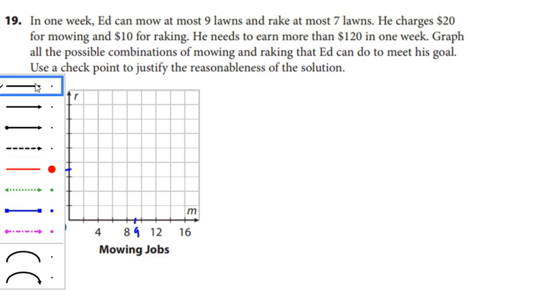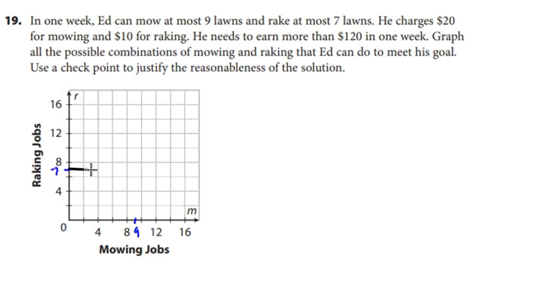And at most, that means that's the most he can do. So I'll make this one here at 7, and this one vertical here at 9. So we are going, at most, has to be less than. So we have that direction here from the mowing line, and this direction here from the raking line. And then he needs to earn more than $120 in 1 week.